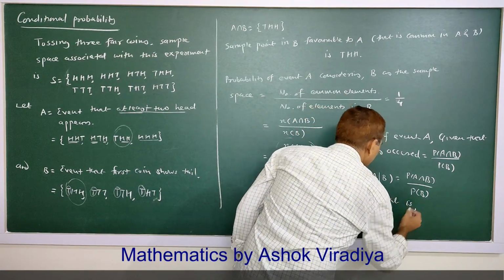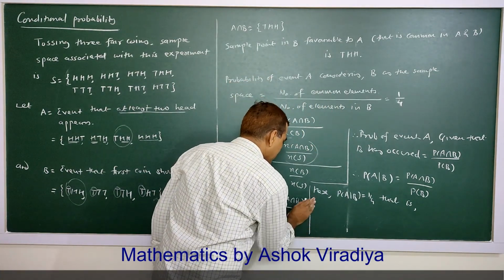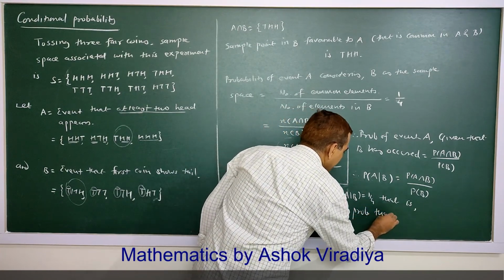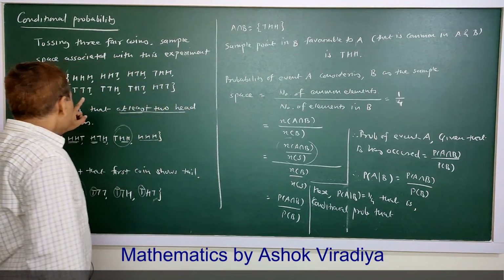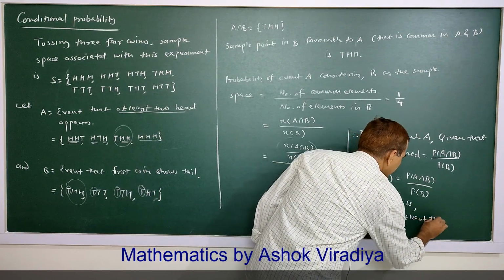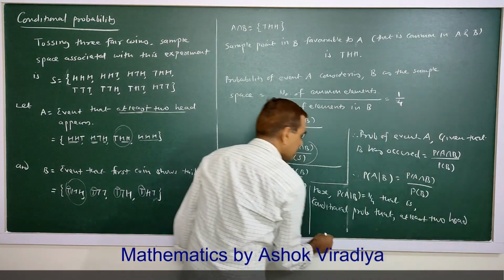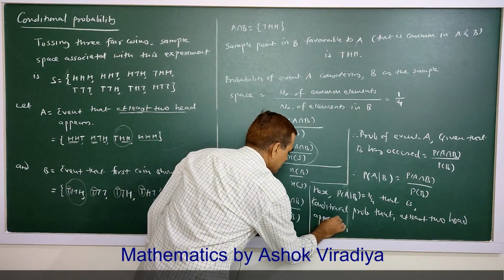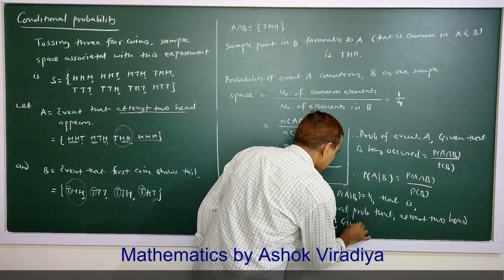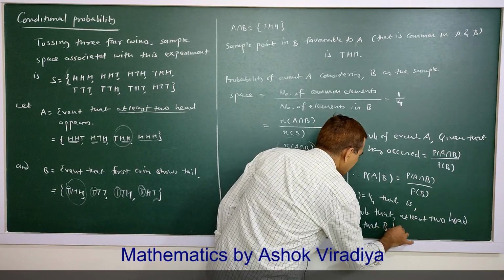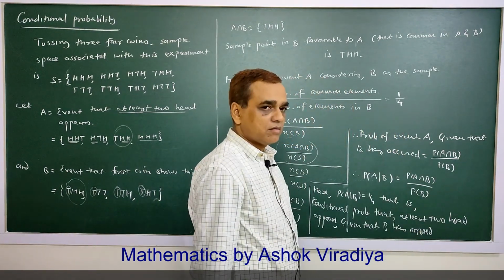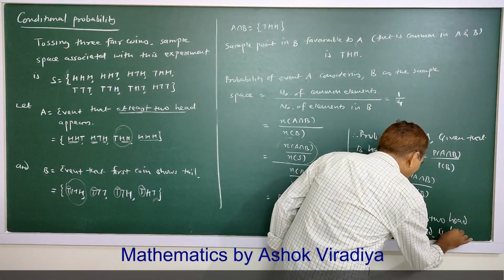That means the conditional probability that at least two heads appear given that B has occurred is 1 by 4.